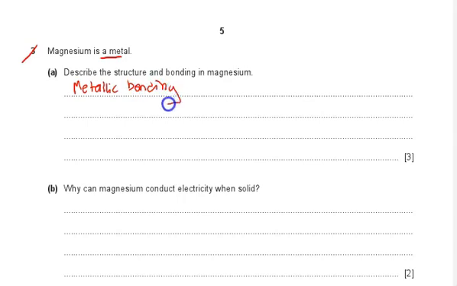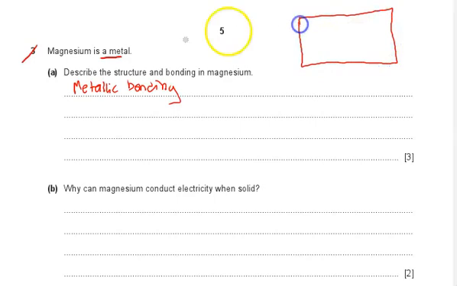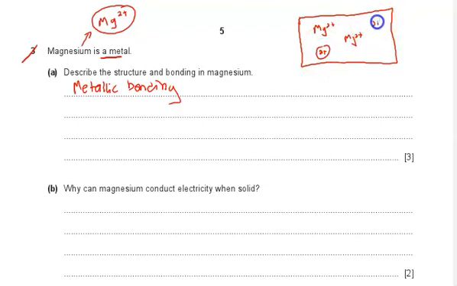What is metallic bonding? Just remember, inside a piece of metal, what's the ion of magnesium? Remember, all the ions from a metal must be positive, cations. So here we have magnesium 2 positive, magnesium 2 positive.